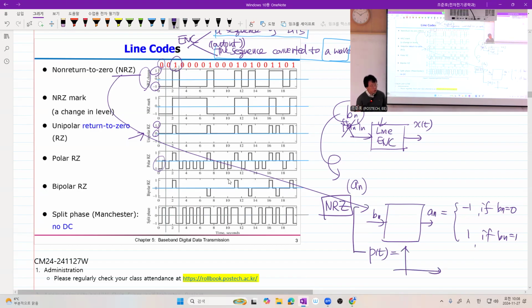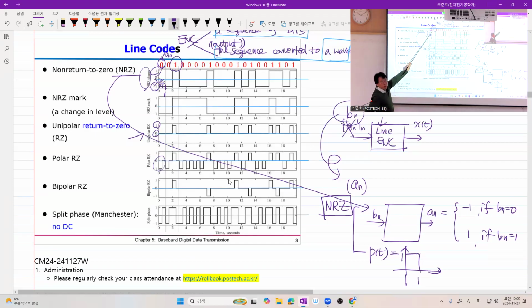If I ask you in, for example, the final exam, what is P of t given this code, you must draw it, right? So here, let's assume that this is time 0 and this is A_0. Then you have 1, because in this case the height is 1, right? So 1 is converted to -1, so you have a rectangular pulse here. And in the next time epoch, you have 0 again.